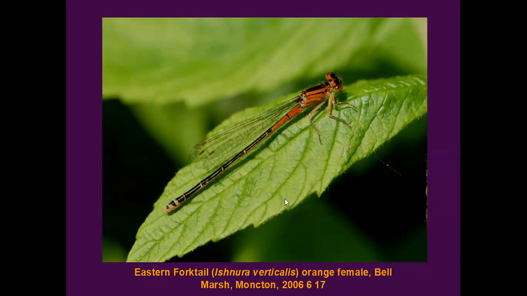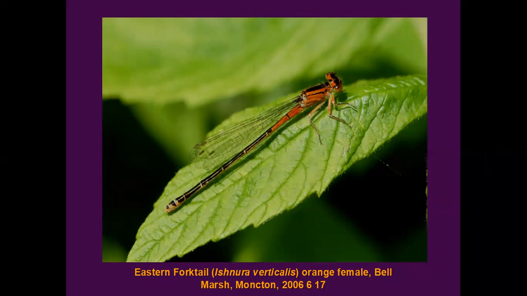We also have the citrine forktail, which is the smallest damselfly in North America. It's been found just west of St. John. And forktails are kind of special in that when the winds pick up, they actually will take to the air and let themselves be carried far and wide by the winds.